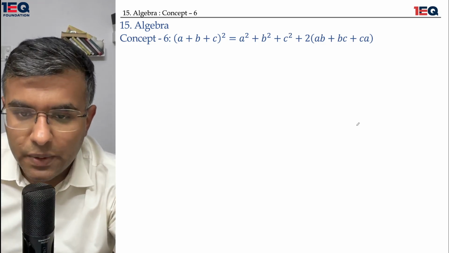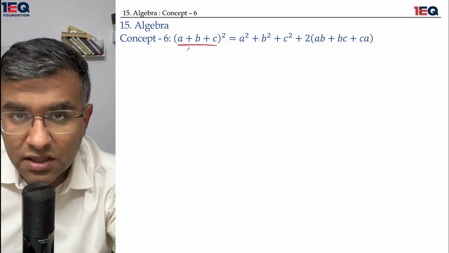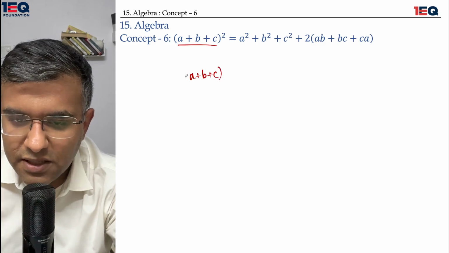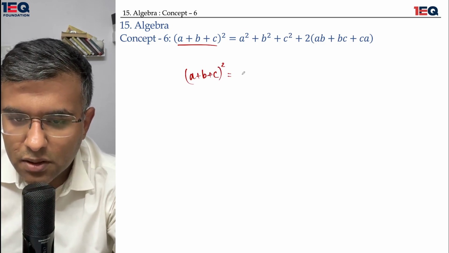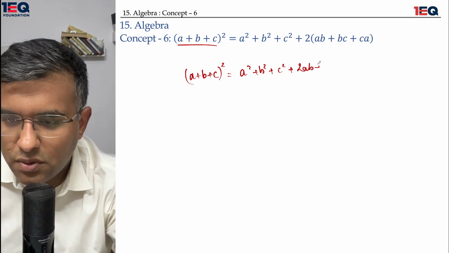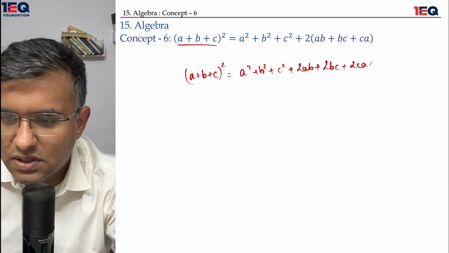Now we'll be following a bigger formula which has three variables. The formula is a plus b plus c whole square being equal to a square plus b square plus c square plus 2ab plus 2bc plus 2ca.